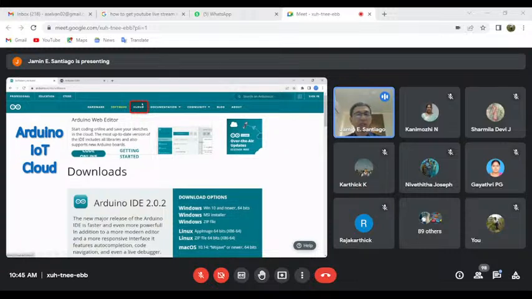We have used the Arduino IoT Cloud to produce IoT devices. The IoT devices are connected through Wi-Fi to the Arduino IoT Cloud. Using this, we can see the data and we can control the device from anywhere in the world. I have already tested this and I am very satisfied with it.